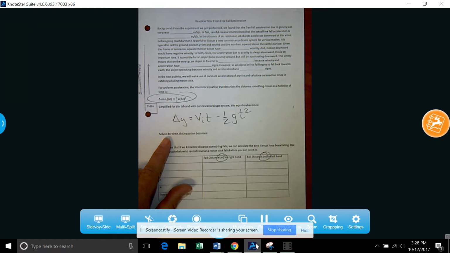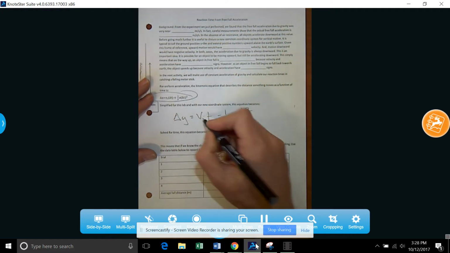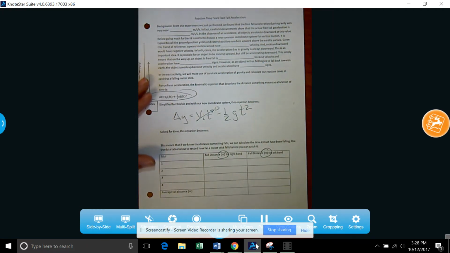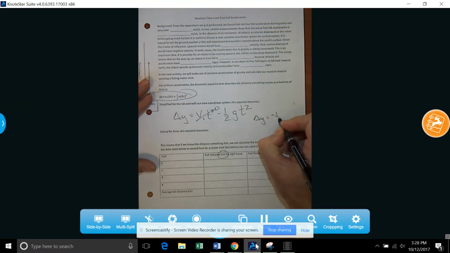This will actually simplify even a little bit more because we're dropping our ruler, our meter stick. We're not throwing it upwards where v_i would be positive. We're not throwing it downwards where v_i would be negative. We're dropping it. So that means it's starting from rest. v_i is 0. So this term goes away, becomes 0. So simplified, this equation becomes delta y equals minus 1/2 gt squared.